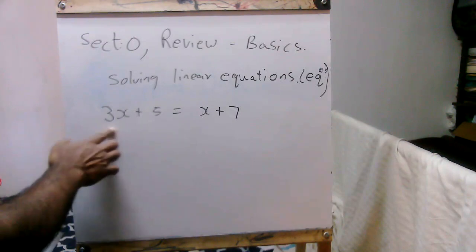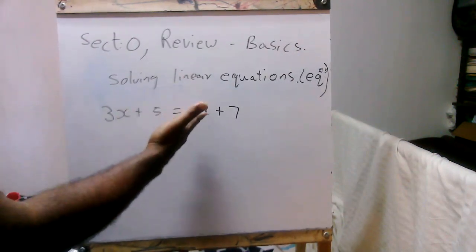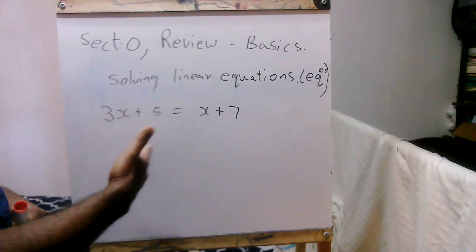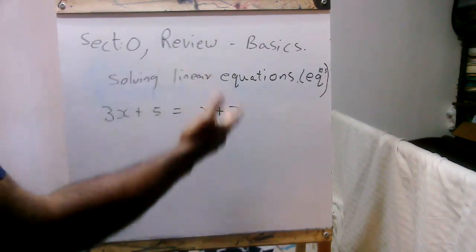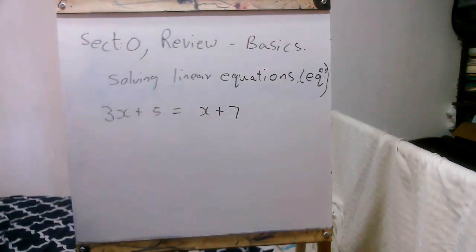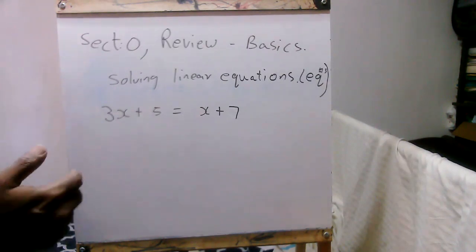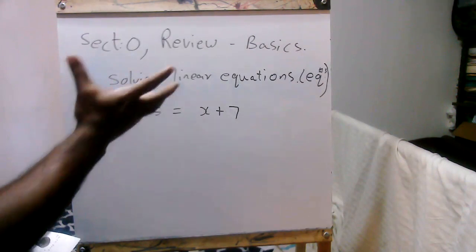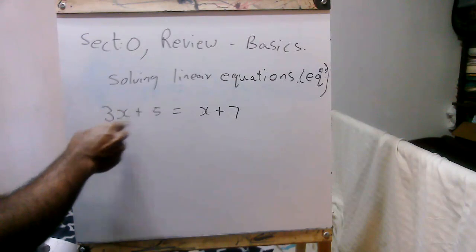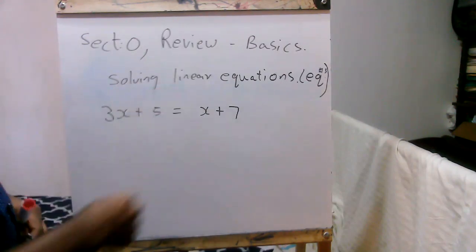There is no convention, meaning we can move x terms either to the left side of the equal sign or to the right side, it doesn't matter. But if we keep doing the same thing, that would be easy. So let's always try to move x's to the left of the equal sign and numbers to the right side.